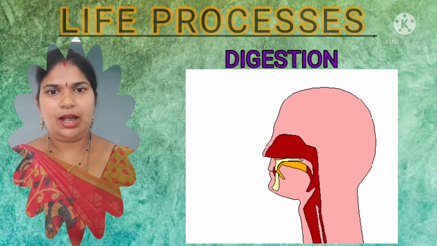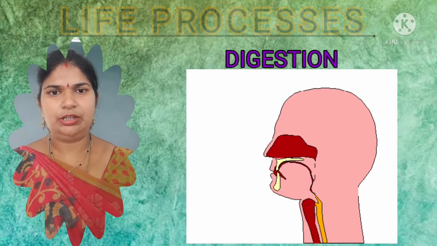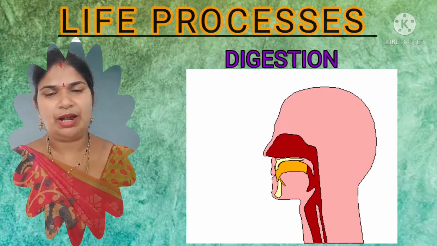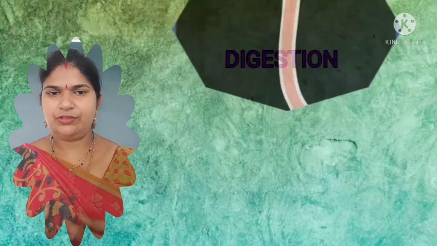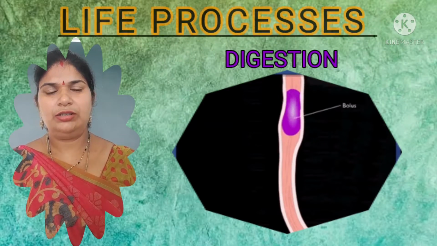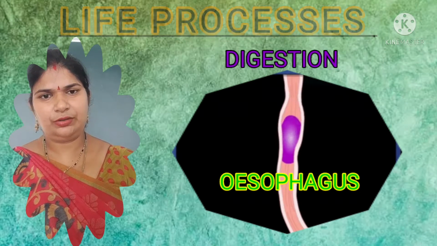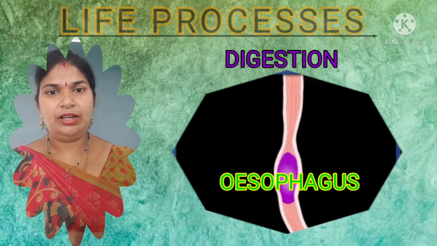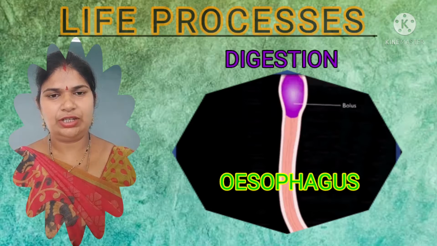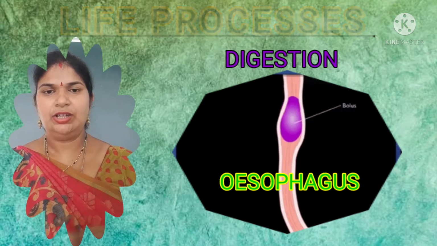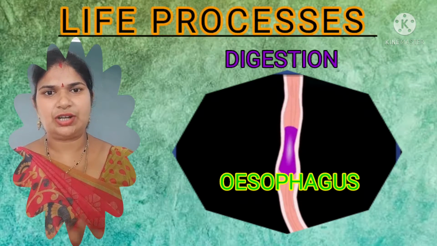Then after chewing properly, the food will be swallowed to the next part of our digestive system, called the esophagus. The esophagus will contract and relax to swallow the food into the stomach, children.